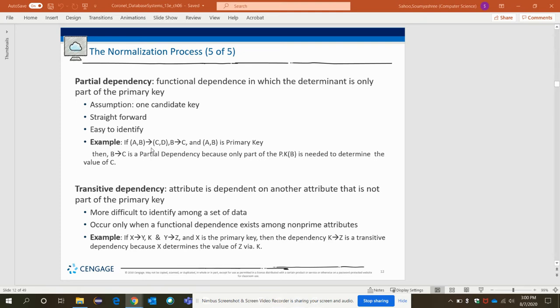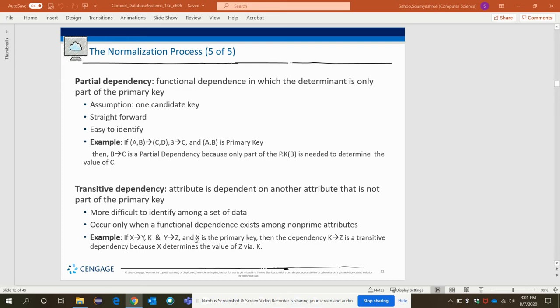And there is another dependency called transitive dependency. Here the attribute is dependent on another attribute that is not part of the primary key. What does it mean? Let's say X tends to Y and K. X is determining the values of both Y and K, and K determines only Z, and here X is the primary key.